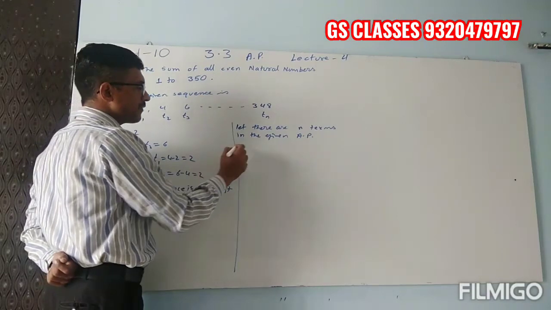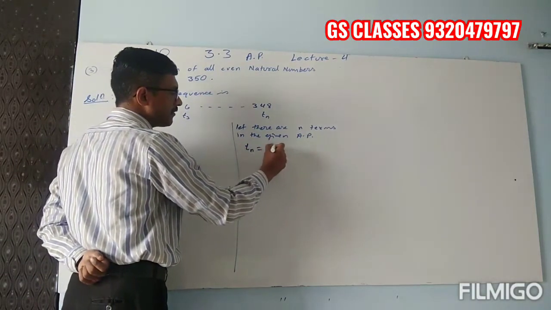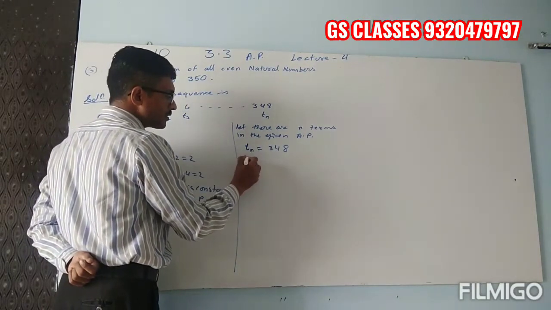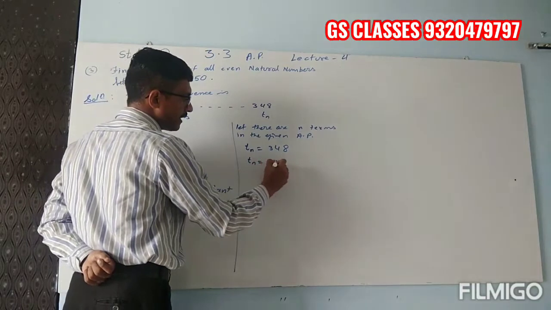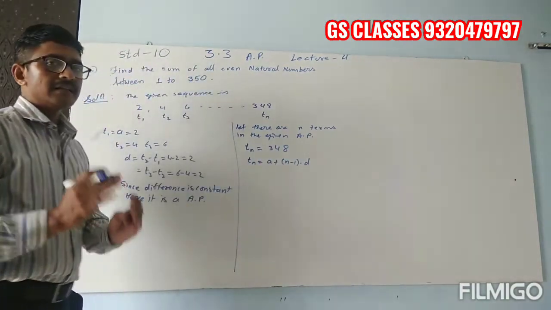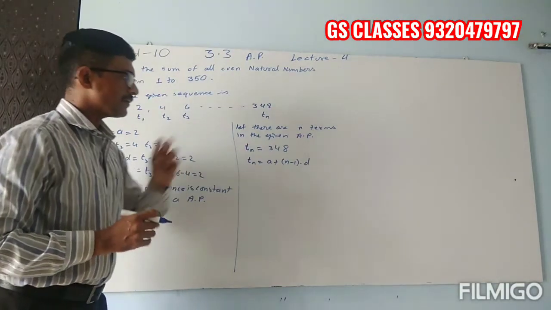So children, we will say that Tn is 348. Now you say that Tn is a plus n minus 1 into d. The last term is 348.